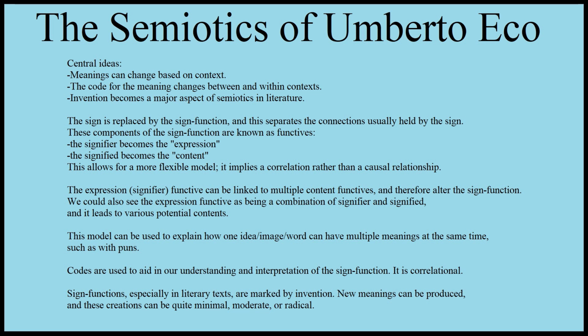Remember, the signifier is the thing, and the signified is the meaning. So the signifier becomes the expression, the expression of the concept. That would be a word, a phrase, an image. It is the thing that is expressed, and then that expression has a content that is attached to it.